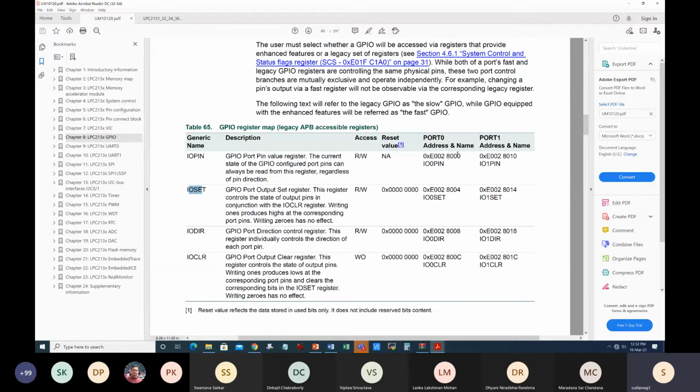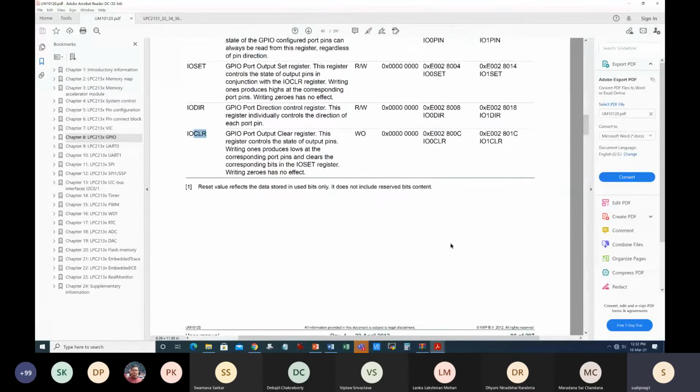Now look at this other part of the table, where there are two IO pins, one for port 0 and the other for port 1. Similarly, there are two IO set registers, two IO direction registers, and two IO clear registers, separate for port 0 and port 1, so that you can individually gain control over each and every GPIO pin.